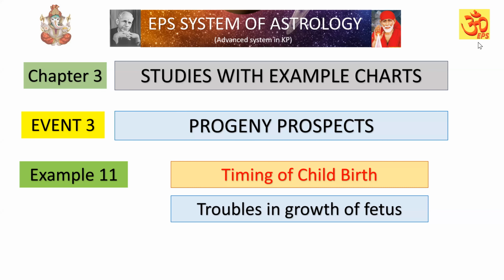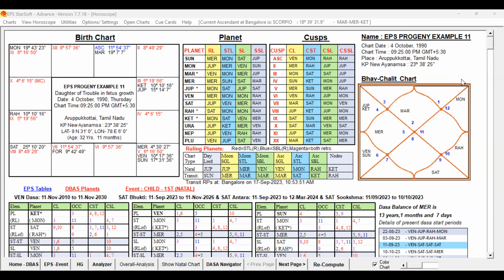Example number 11: timing of childbirth and also troubles in growth of the fetus inside the mother's womb. We will discuss the mother chart first, then we can also have a look at the child's chart. This is the chart of the mother.